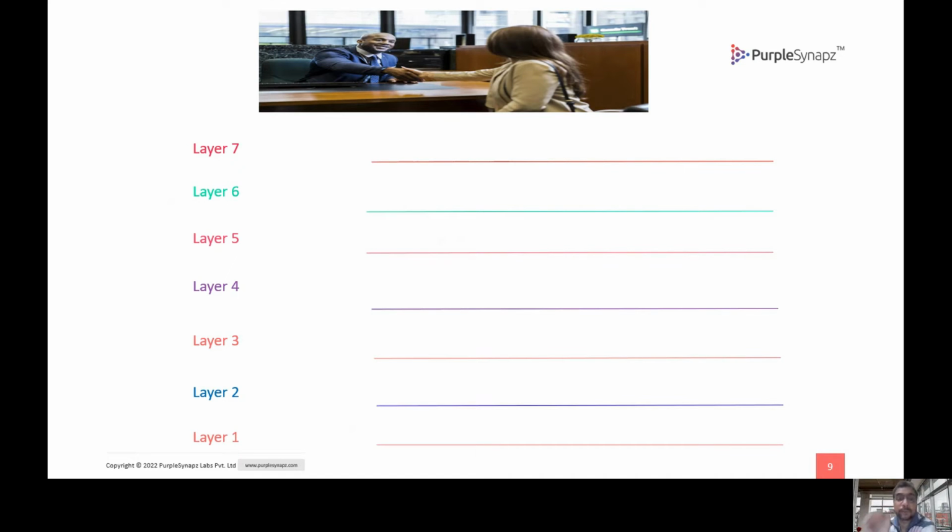Okay, now let's understand what happens in this entire aspect of a human to human conversation, from the physical self of Martha to John, and how they are able to communicate using a physical self to end conversation. So we start at the conversation layer, which is layer 7, which is the actual output, right?